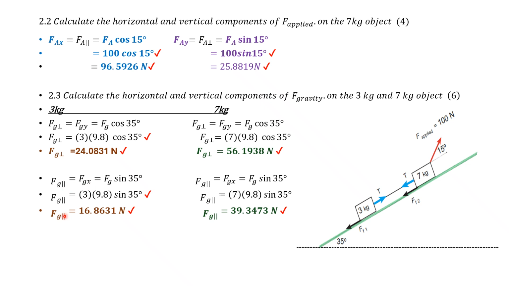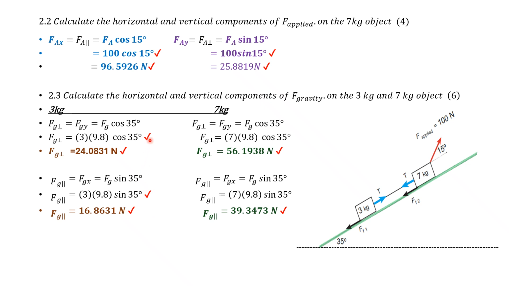FG parallel for my 3 kg becomes 3 times 9,8 sine 35, which gives me 16,8631 newtons. And this side here, FG parallel, 7 times 9,8 sine 35, 39,3473 newtons. So I assume it's relatively simple, and you can see where we've allocated marks.